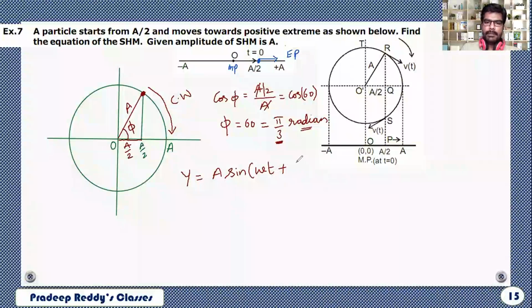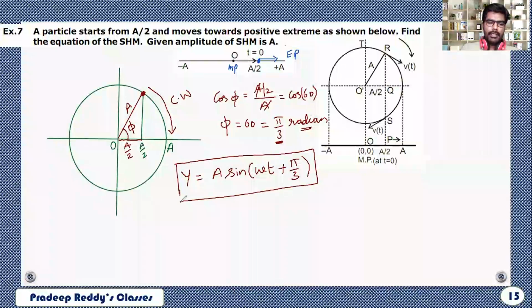So it is plus phase. What is the phase of the particle? It is pi by 3. So this is the equation for the particle executing simple harmonic motion: y is equal to a sine of omega t plus pi by 3. The particle is moving along the x-axis actually, so you just replace this with x. x is equal to a sine of omega t plus pi by 3.